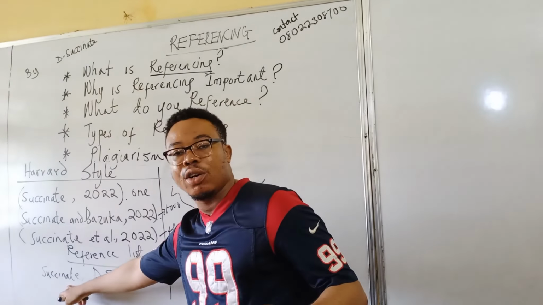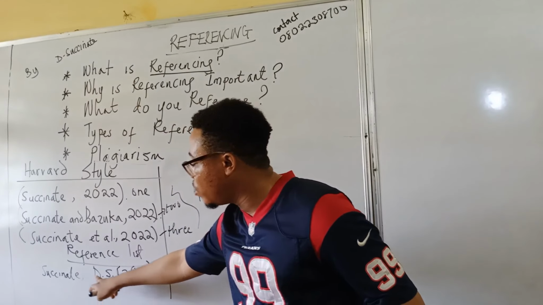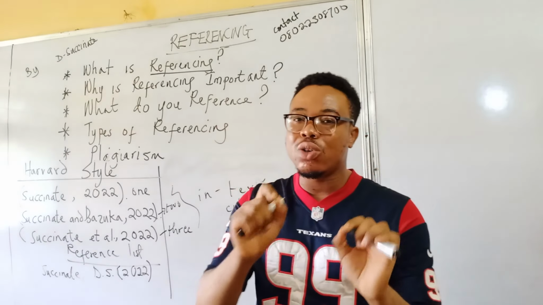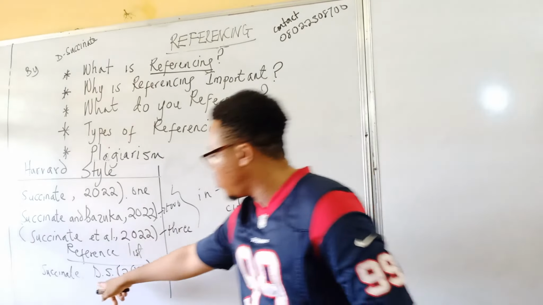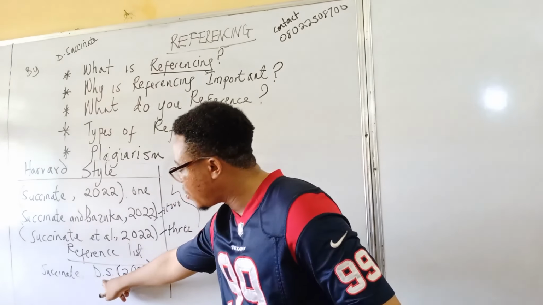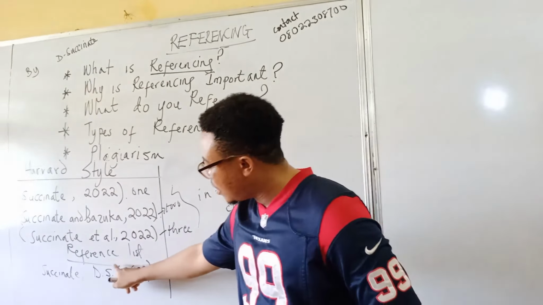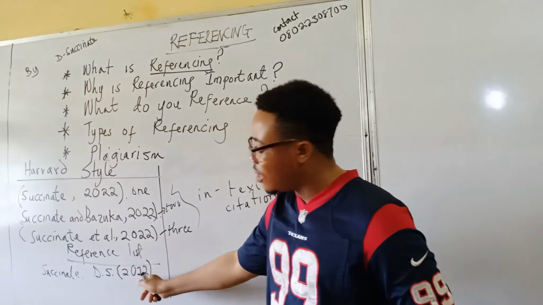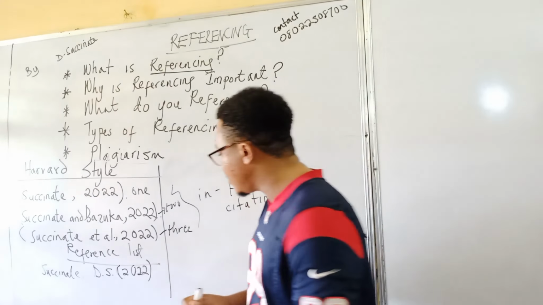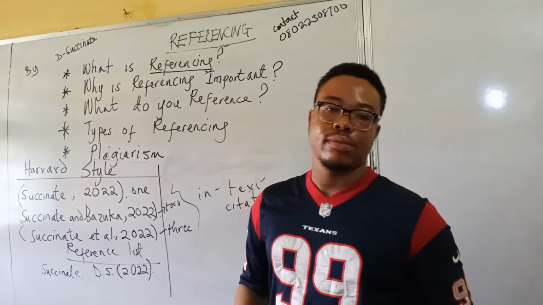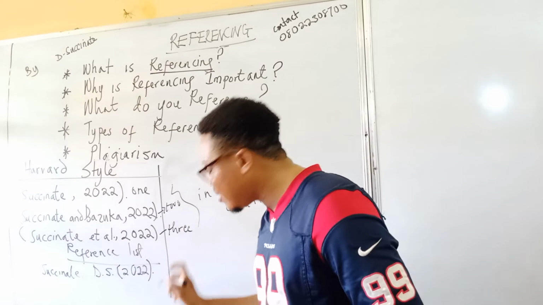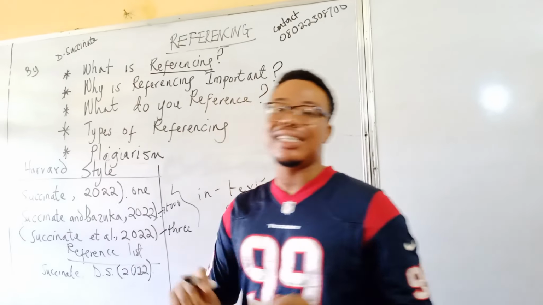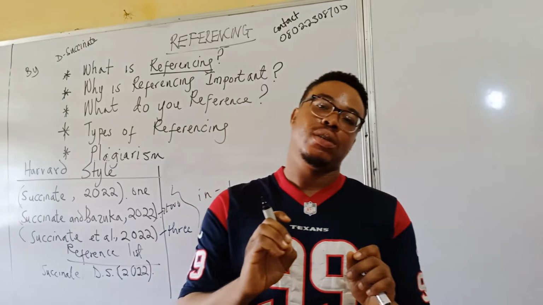So the surname of the author, followed by the initials, and you must please take note, punctuations are very, very important in referencing. Put a comma, put a full stop, then the year of publication must be in brackets. Then you put a full stop again. Then you put the title of the article in the journal.